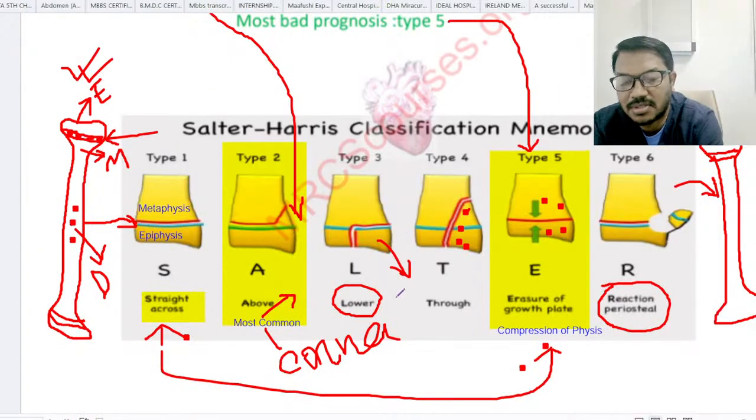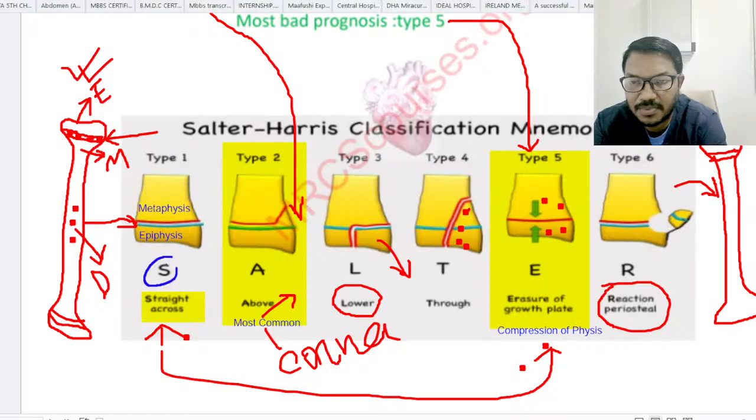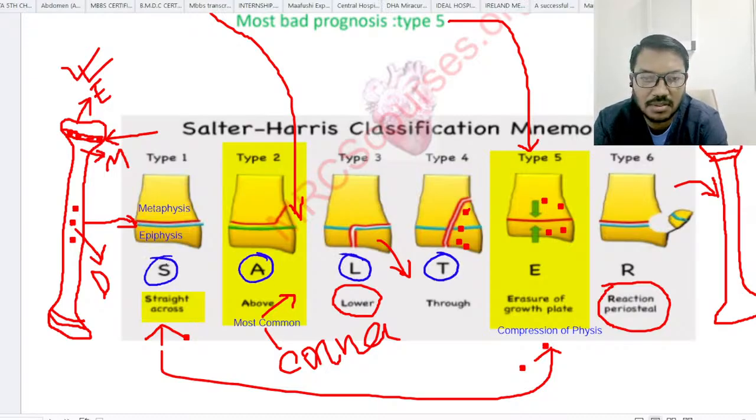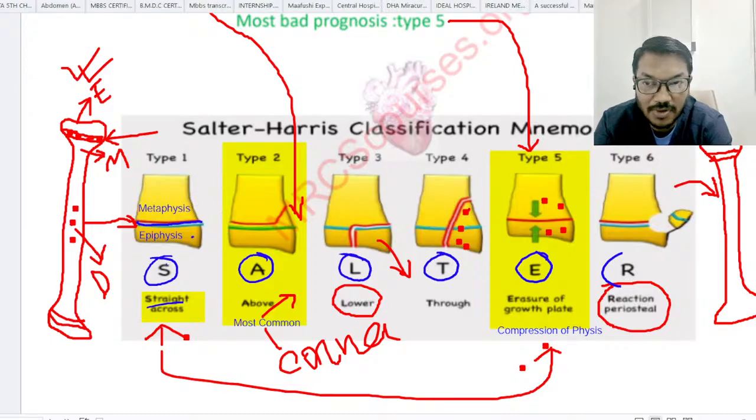Salter, from the name itself, we can remember: S for straight. So this is a straight fracture, between epiphysis and metaphysis. This is specifically for children.